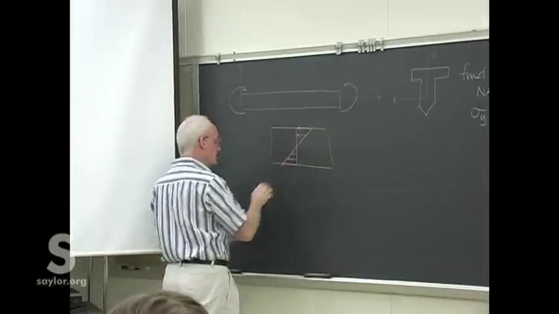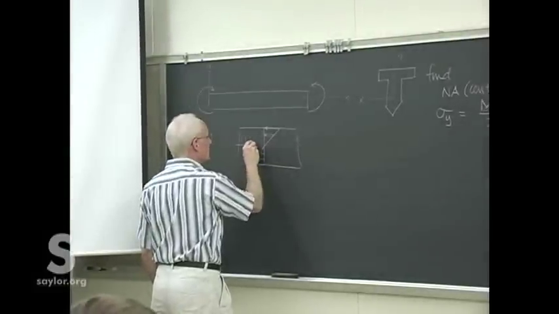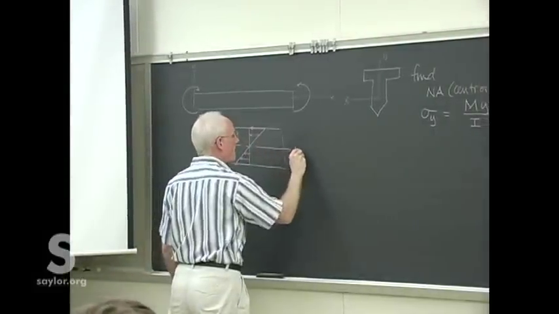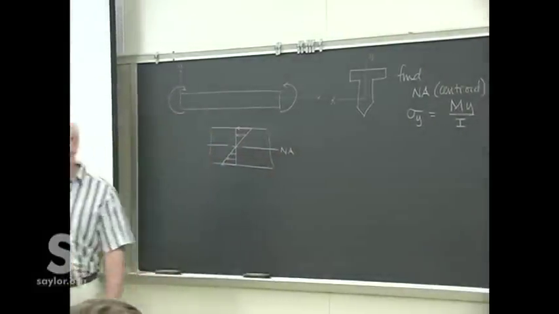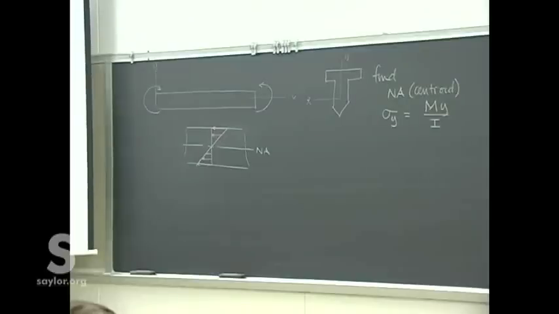And it was zero at this place that we call the neutral axis, which goes through the area centroid. So if you remember, that's pretty much where we left things off.